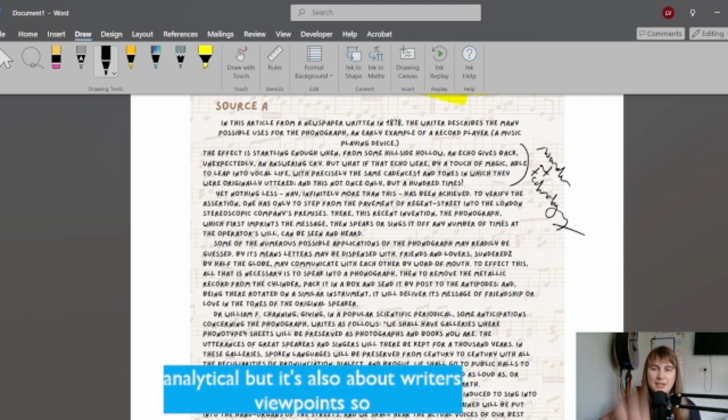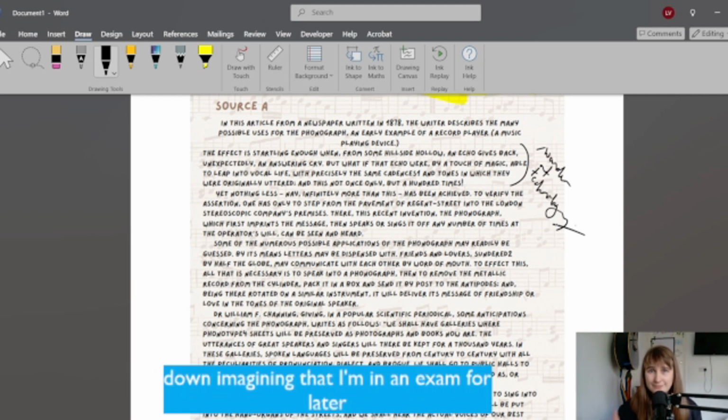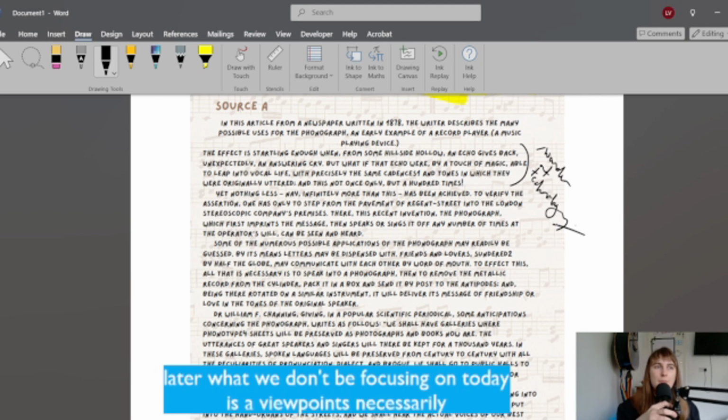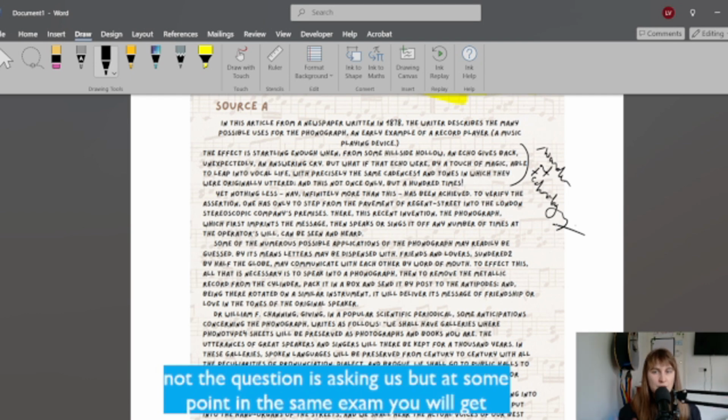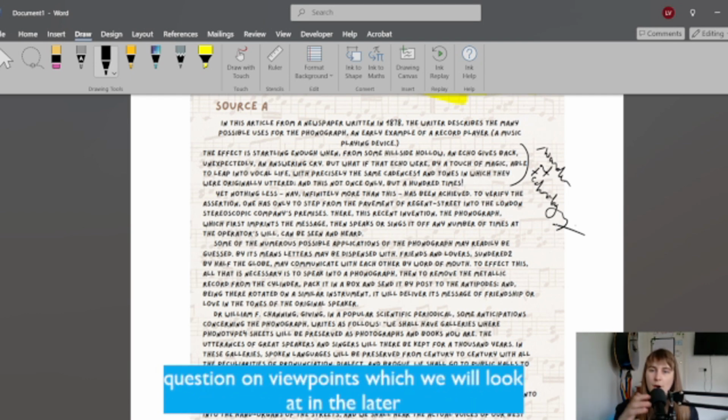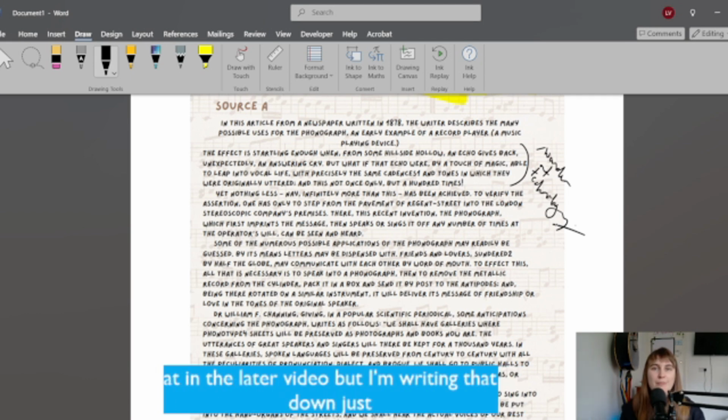So I'm actually writing that down, imagining that I'm in an exam for later. What we don't want to be focusing on today is viewpoints necessarily, because that's not what the question is asking of us. But at some point in the same exam, you will get a question on viewpoints, which we will look at in a later video. But I'm writing that down just to emulate what I might do in an exam.